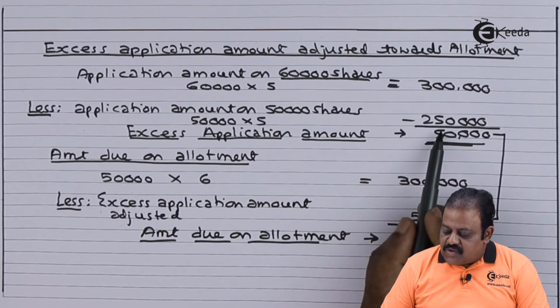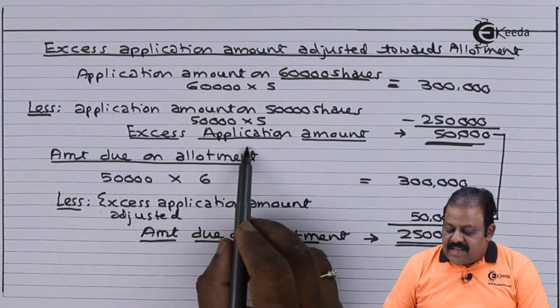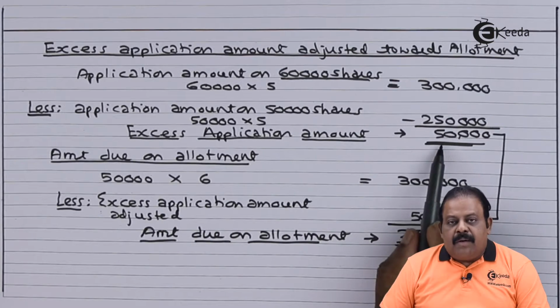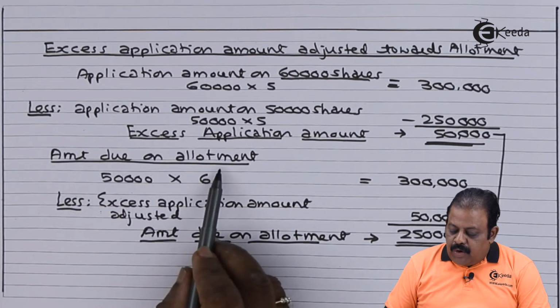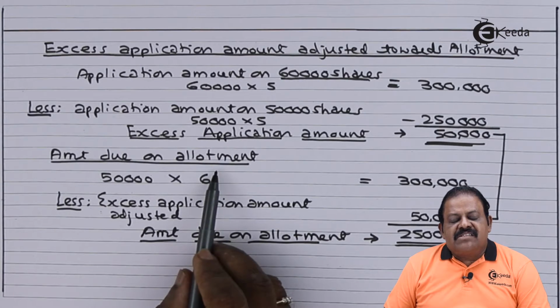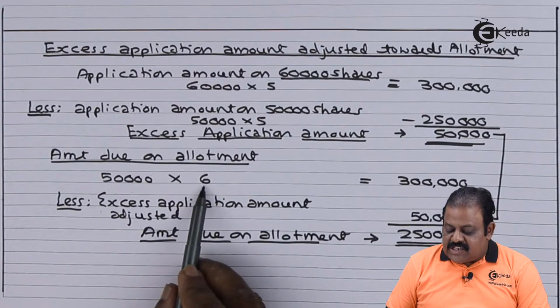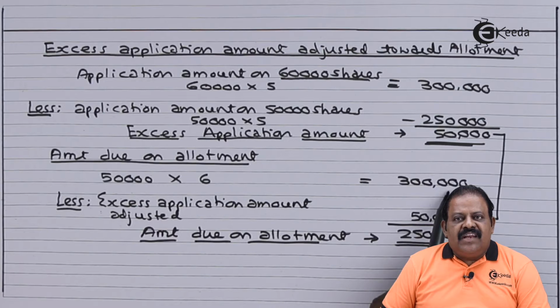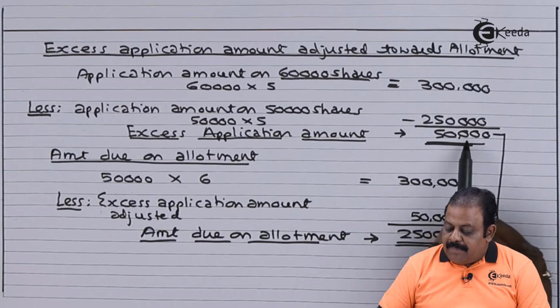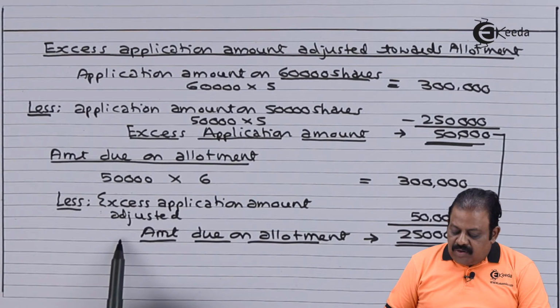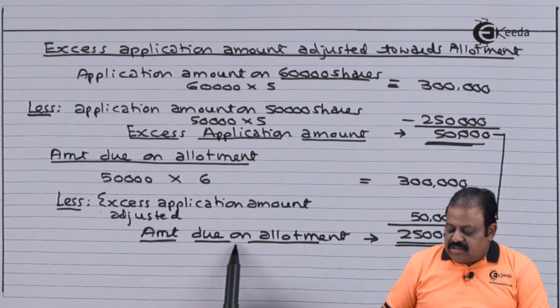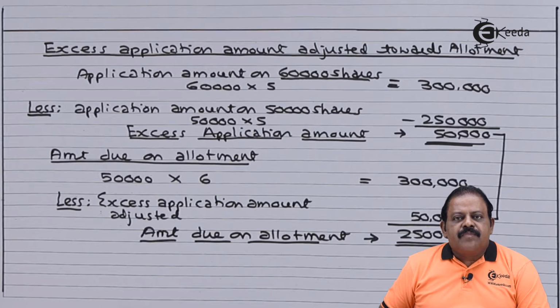So 3 lakh minus 2,50,000, excess application amount with company is 50,000. Amount due on allotment after adjusting discount amount is 6 per share. 50,000 multiplied by 6, amount is 3 lakhs. Excess application amount adjusted 50,000. So amount receivable from shareholders, that is amount due on allotment, is 2,50,000.